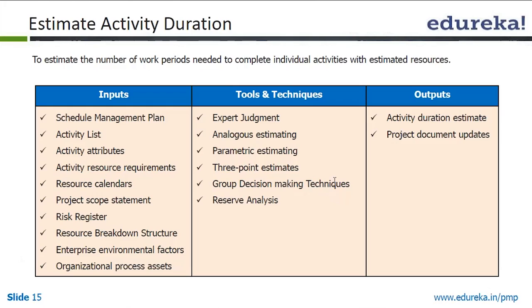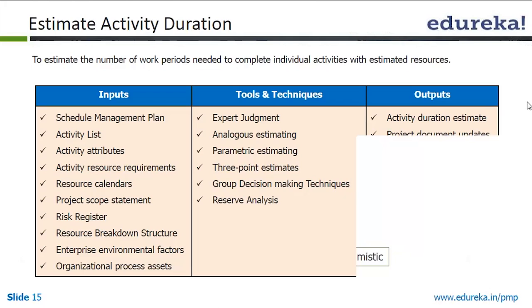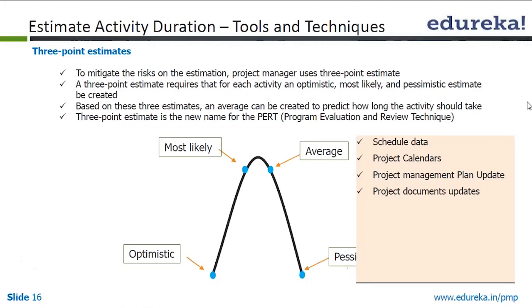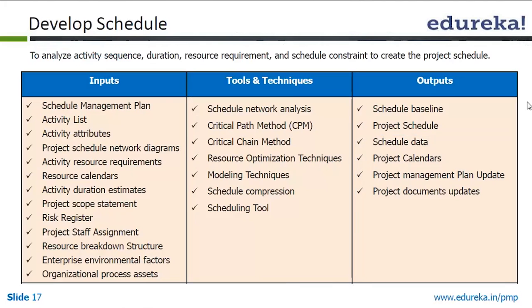Now group decision making technique is where we bring the people together, discuss, and agree on an estimation. And in critical chain, what we do is reserve analysis. Once all this is done, we have the activities, the dependencies, the resources, and the estimation for each of the activities.